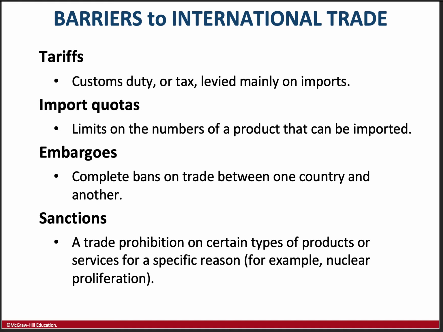Then we have import quotas, and that's the limits on the numbers of a product that can be imported. And quotas are designed to prevent dumping. And this is the practice of a company that exports abroad at a lower price than the price that's in the home market, or even below the cost of production, in order to drive down the price of the foreign country's domestic product.